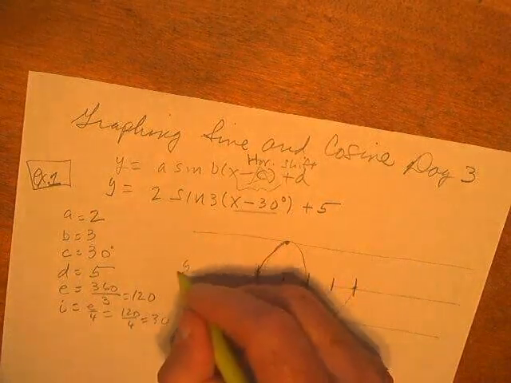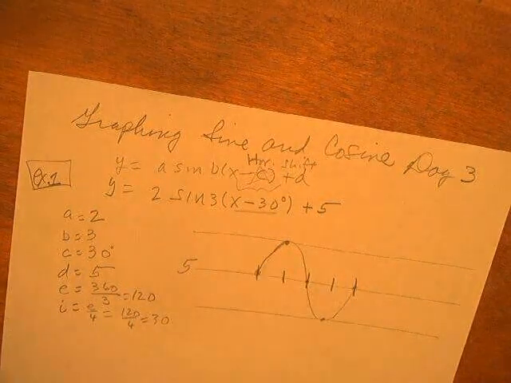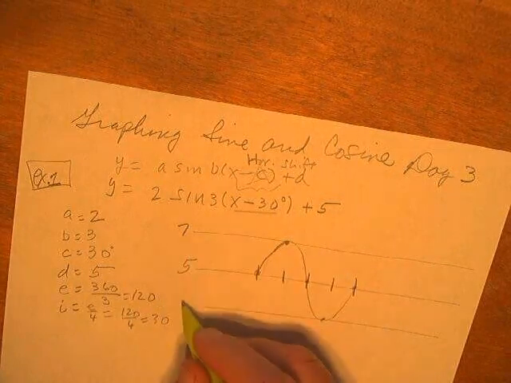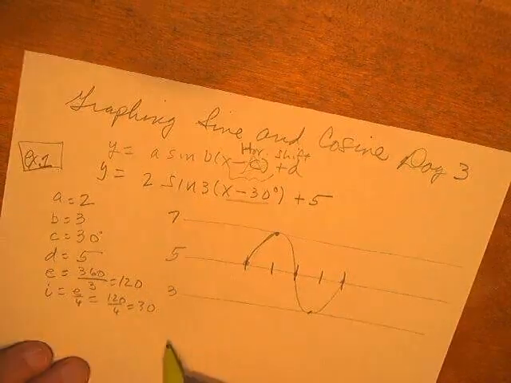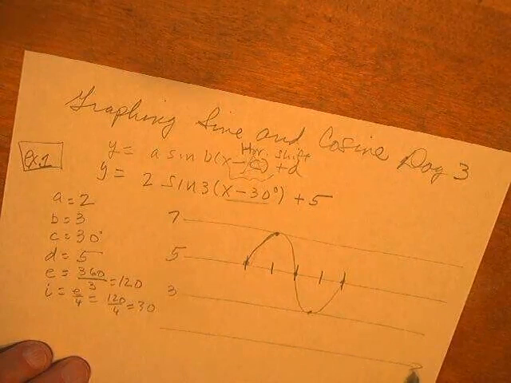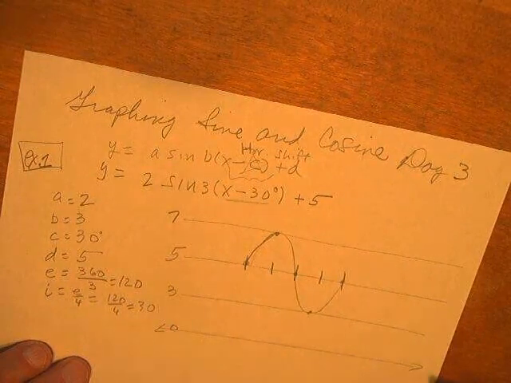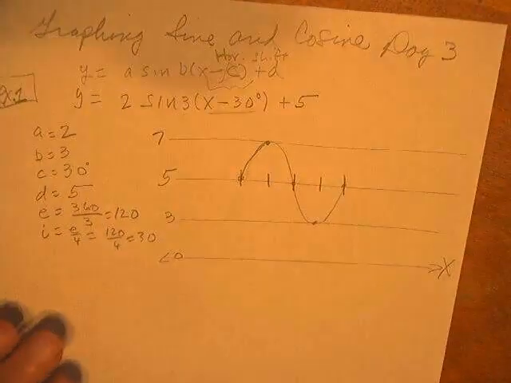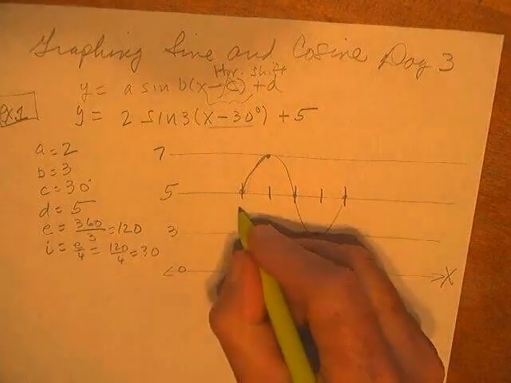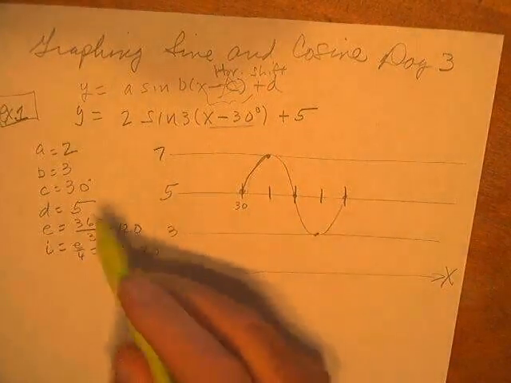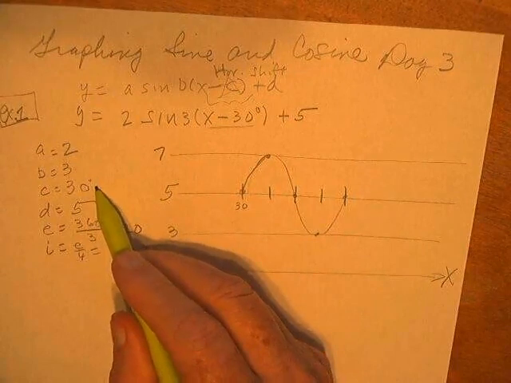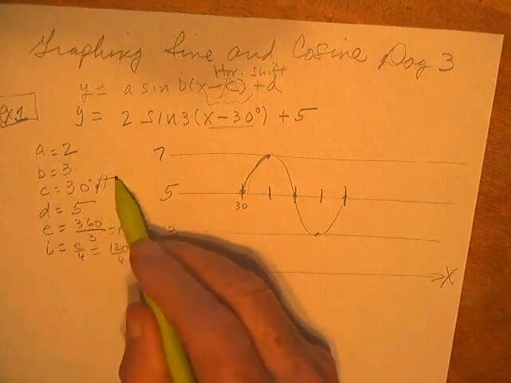Let's see, our center line is 5. You can start putting these in here anytime you want to. That's 7, this is 3. So somewhere down here on the bottom is 0 for the x-axis. And let's see, we're going to start at 30. We start here. This is the one we start on.